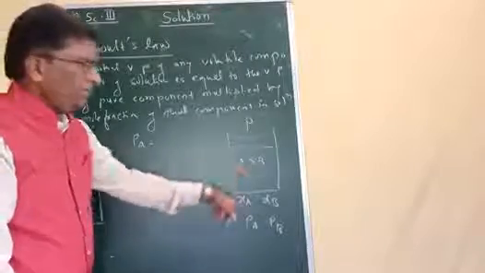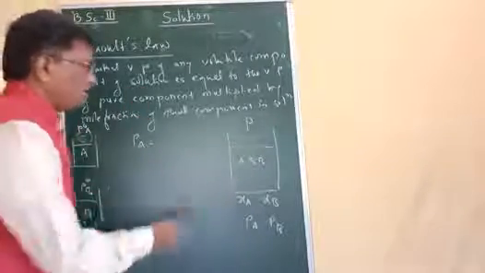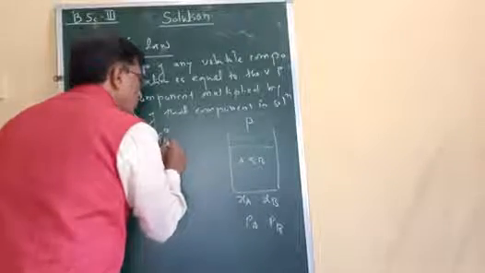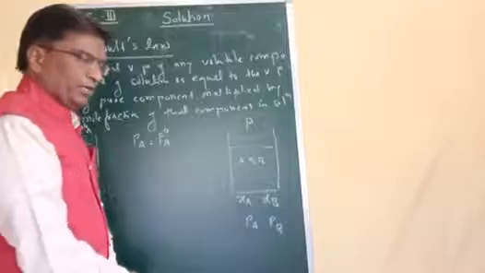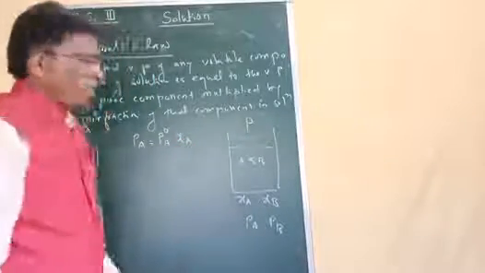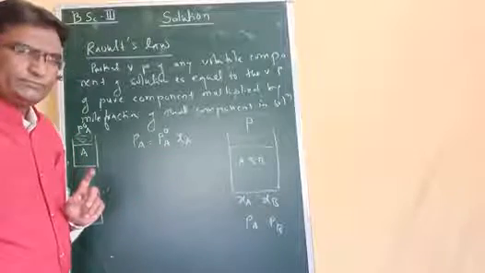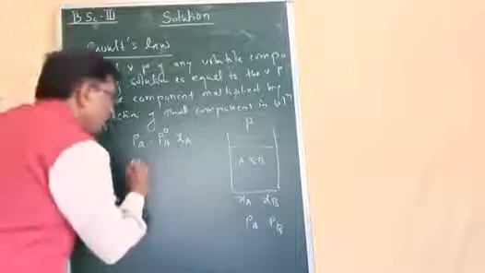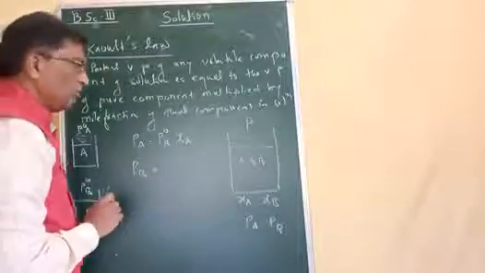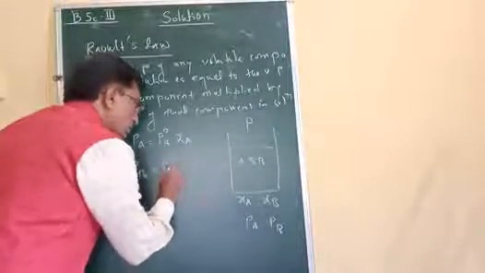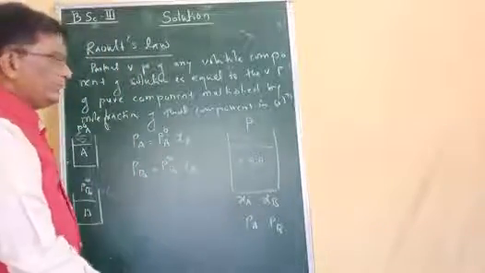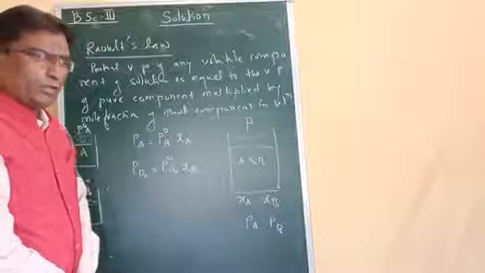Now, to determine the partial vapor pressure according to Raoult's law, we can write: the partial vapor pressure of A is equal to the vapor pressure of pure component A multiplied by the mole fraction of that component A. Similarly, the partial vapor pressure of B is equal to the vapor pressure of pure component B multiplied by the mole fraction of B. Now this is Raoult's law.